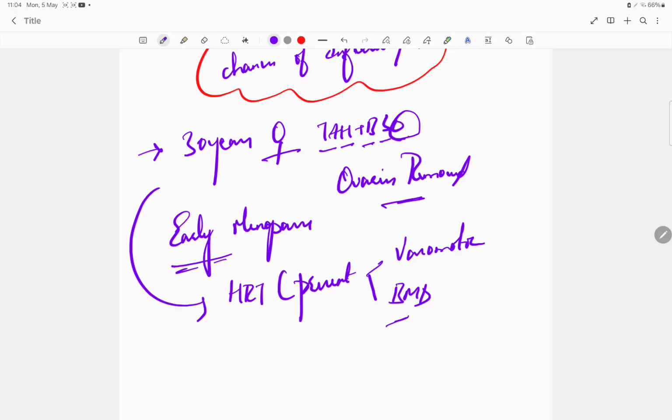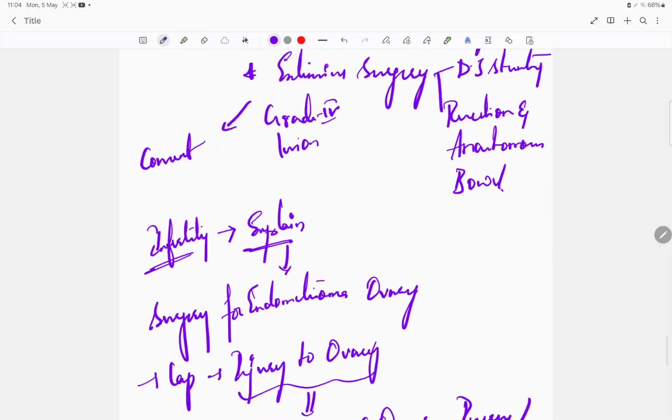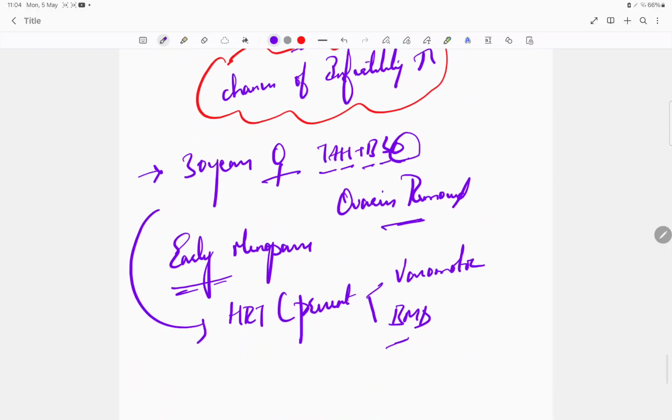Why I'm telling you all this is, if they ask any question, for example, a female comes with complaints of chronic pelvic pain, and the laparoscopic findings are grade 3 lesions based on the American Society for Reproductive Medicine, ASRM. This patient has completed her family with tubal ligation done. What is your mode of treatment?